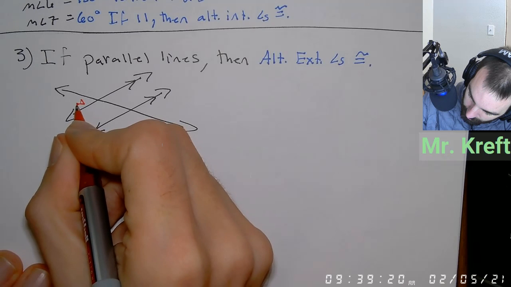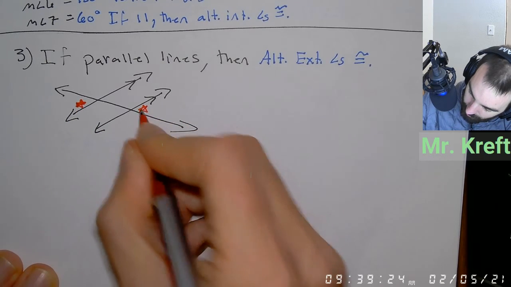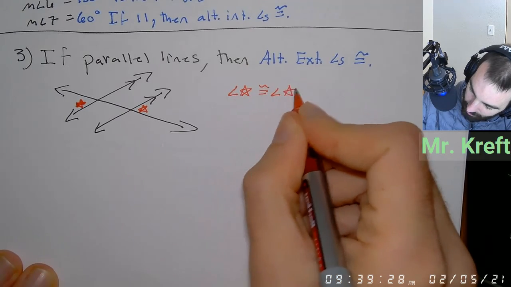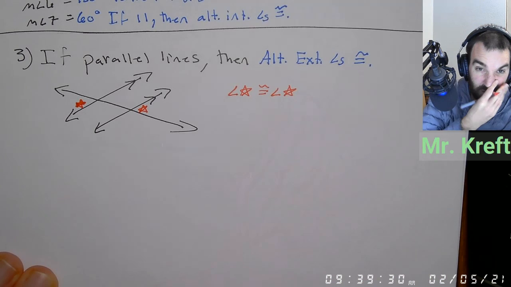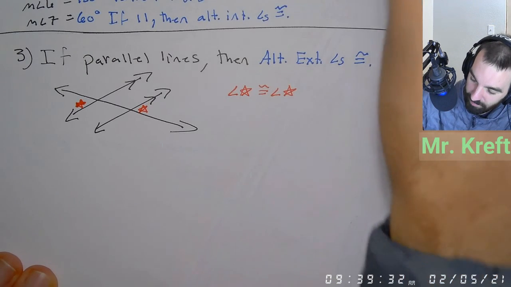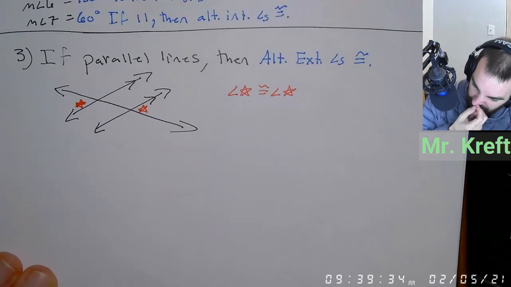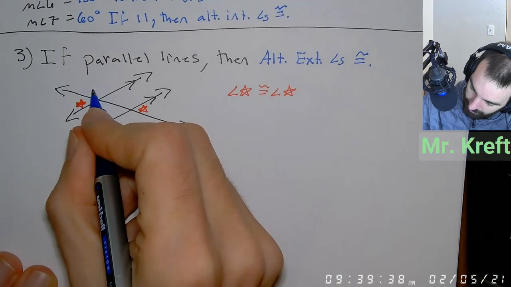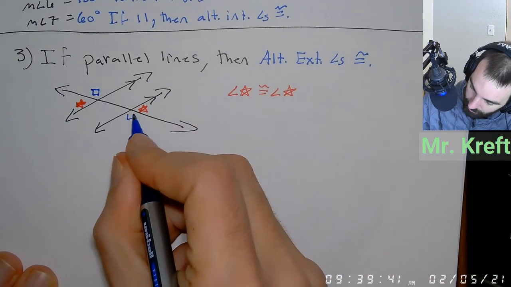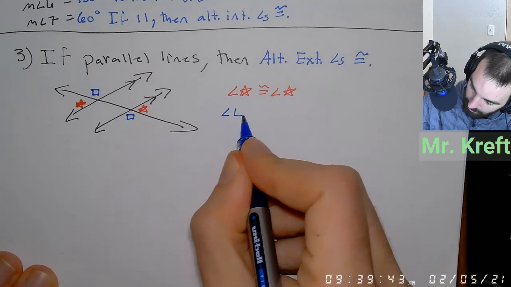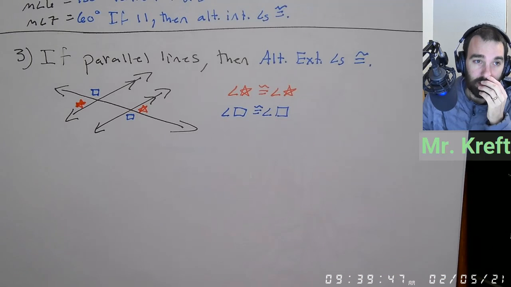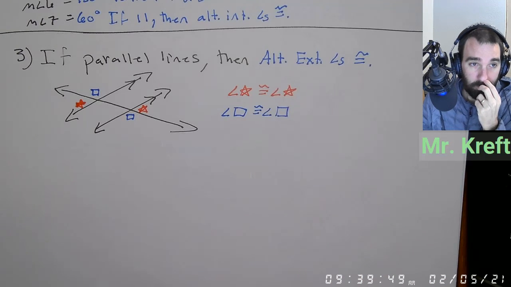So if this was a star and this was a star, then angle star would be congruent to angle star. It's just a little bit easier that way. And then let's just do another color too. I would have a box and a box. So angle box would be congruent to angle box.